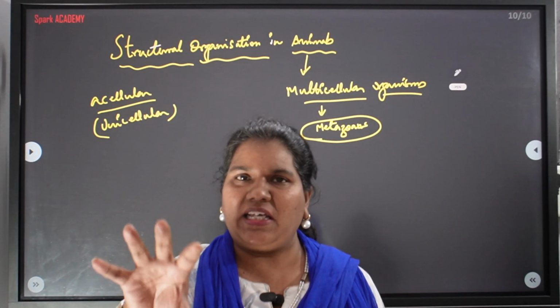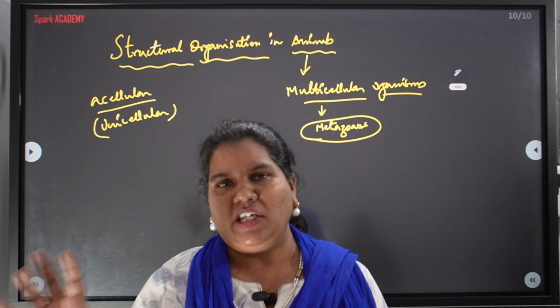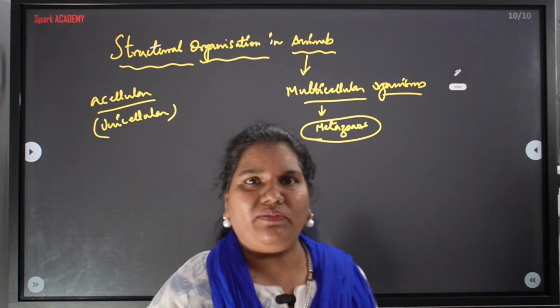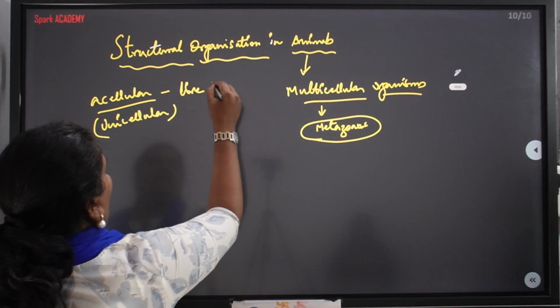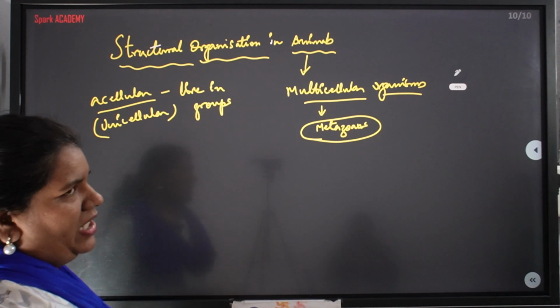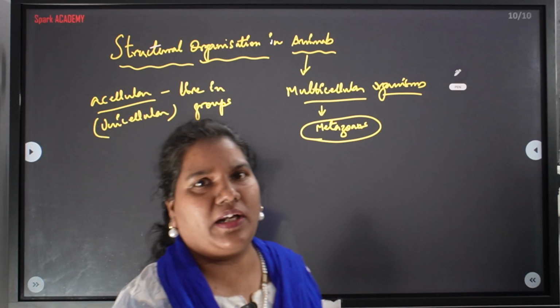Since they are staying in groups, this kind of property is called acellular. You can call them unicellular or acellular.